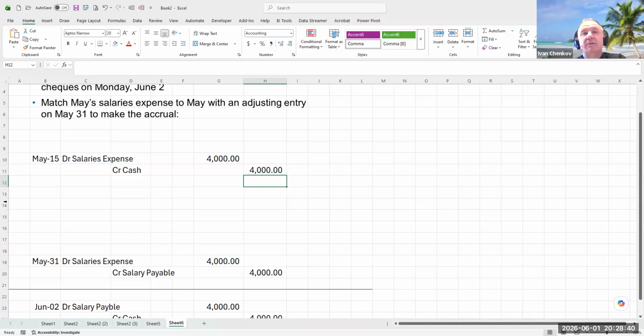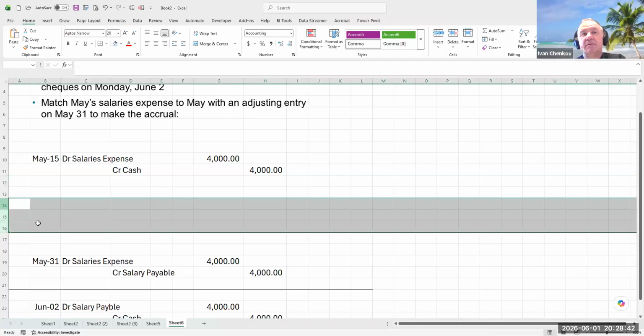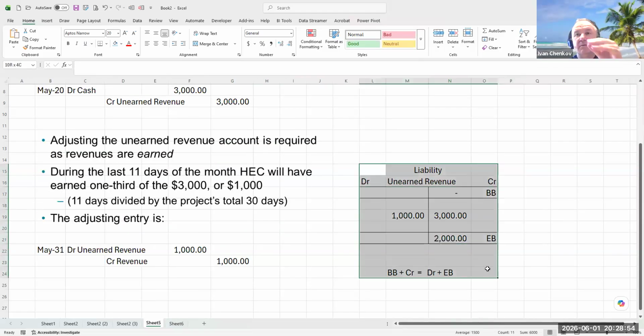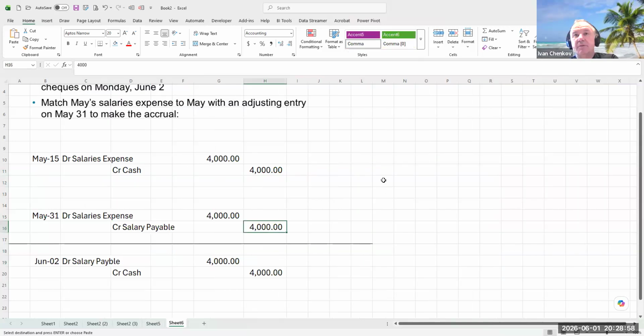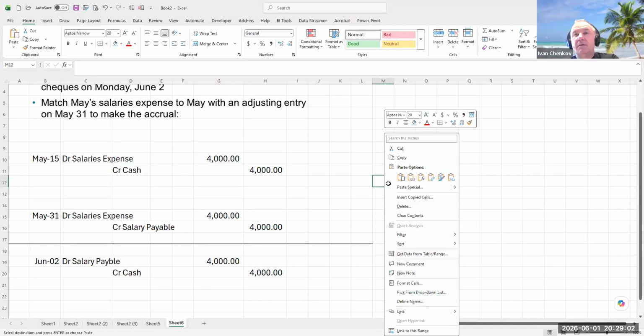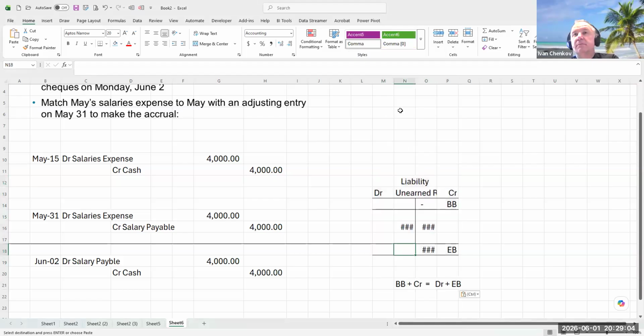So what happened then? On 31st, I created this account, which I bring the balance credit. Let's grab this account, liability account. I created this account, which is payable. What did I do in this account?